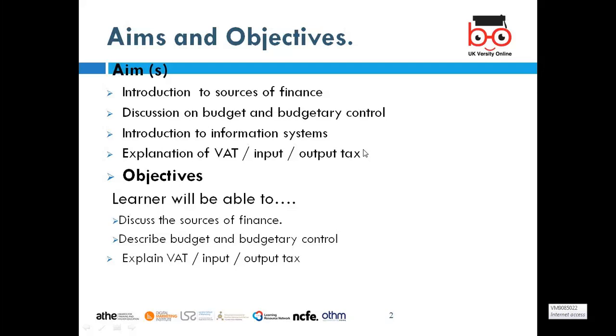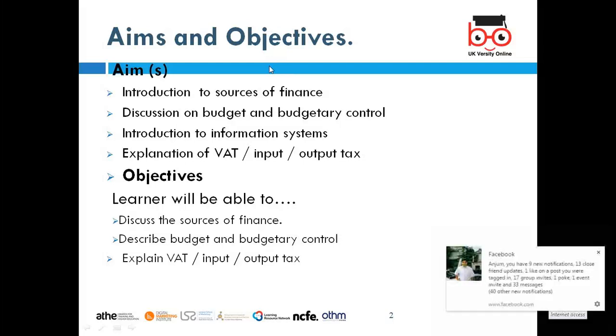And we'll discuss value added tax, VAT, because one of our learning outcomes is about assessment criteria, where we need to discuss what is meant by VAT. In your country, it might be different in various other countries. We normally don't call it VAT. We call it GST, General Sales Tax.